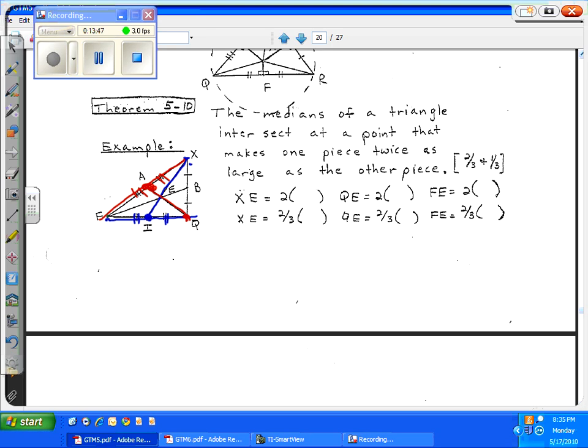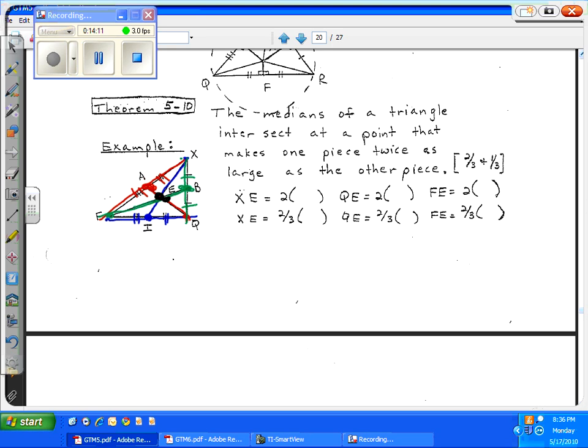If we wanted to draw the median from point F to side XQ, then we would find the midpoint of XQ and draw from the vertex to the midpoint.